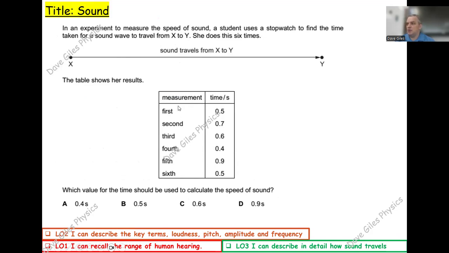So the mean of these values, so let's quickly add them up. Get 0.5 plus 0.7 plus 0.6 plus 0.4 plus 0.9 plus 0.5, which gives you 3.6, divided by 6 gives you 0.6 seconds.